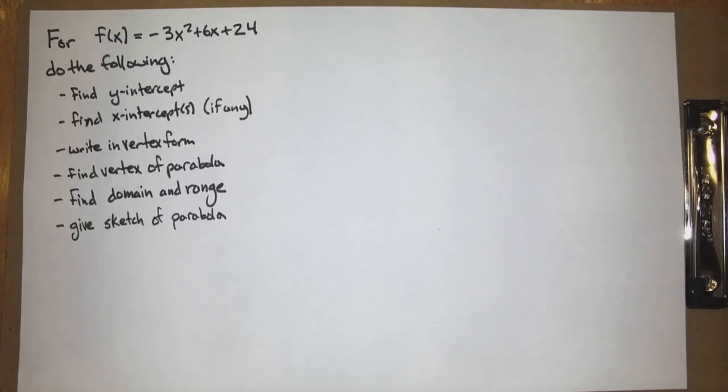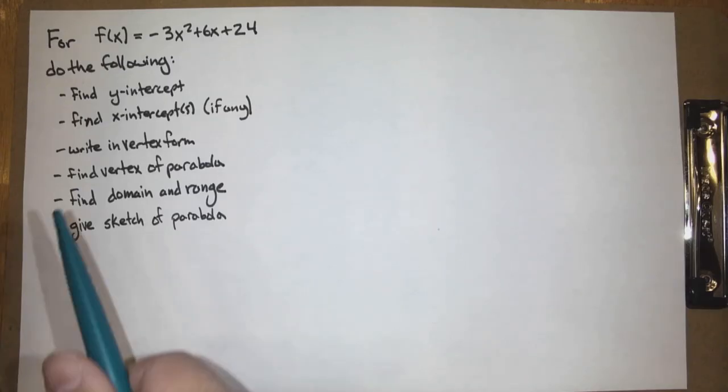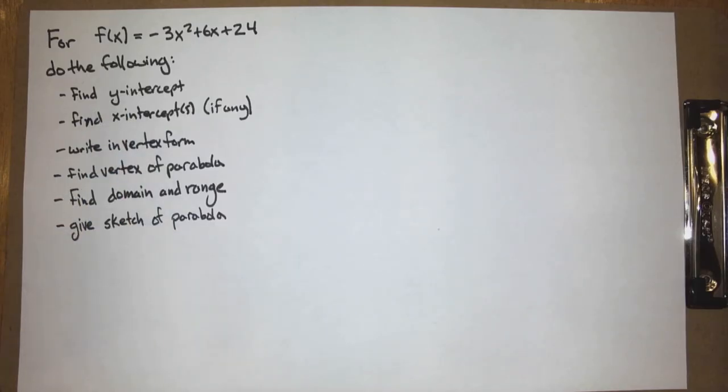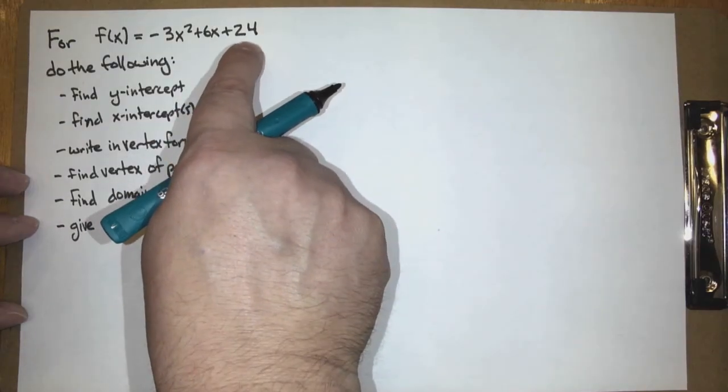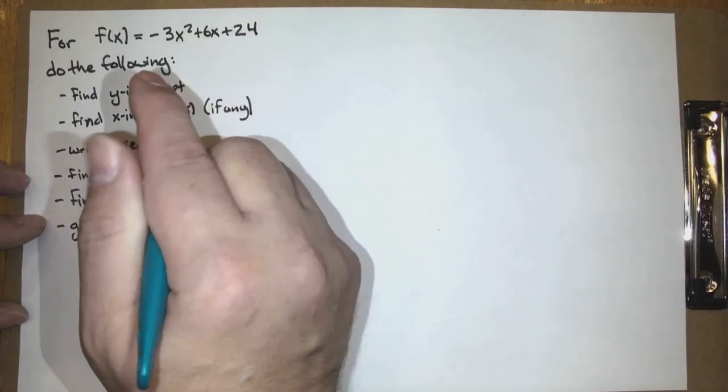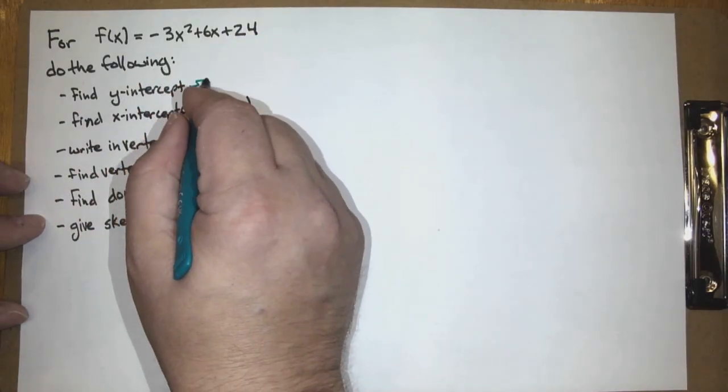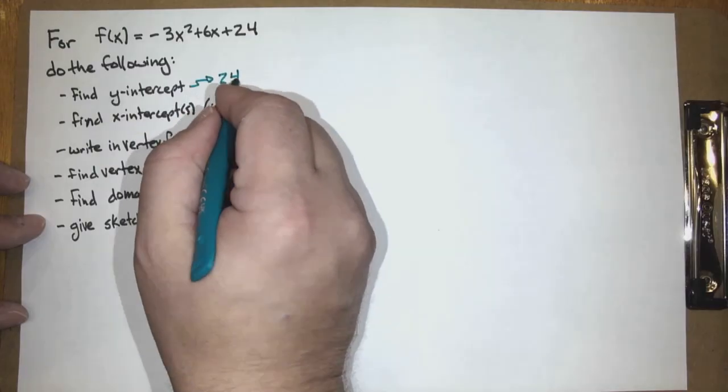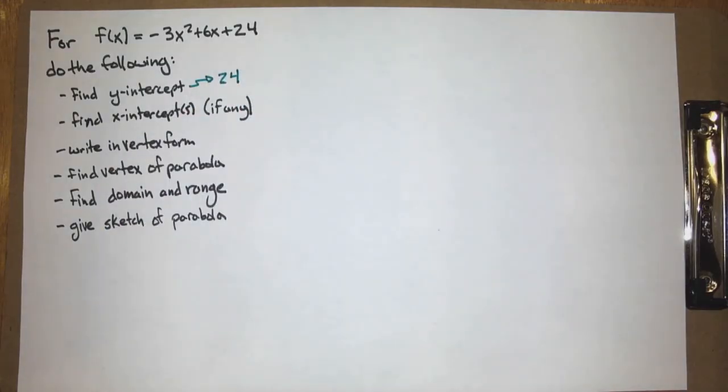So we know it's going to be a downward facing parabola. Okay, let's start at the first one. The y-intercept. Do we know what the y-intercept is? It's 24. So in this format, we can just see the answer. In general, if in doubt, plug in 0. All right, so y-intercept, no problem.